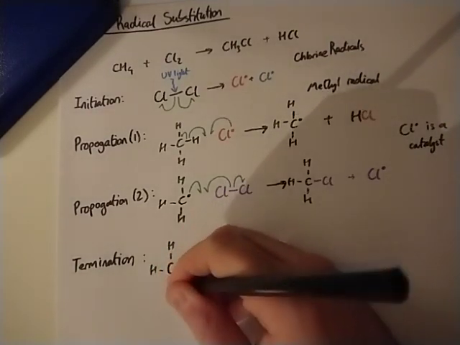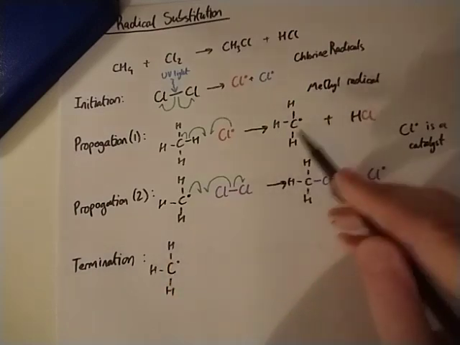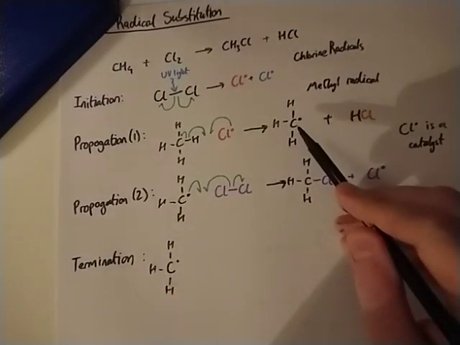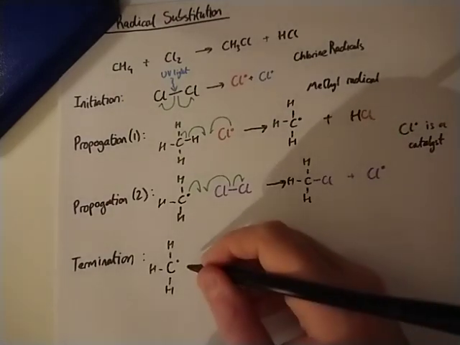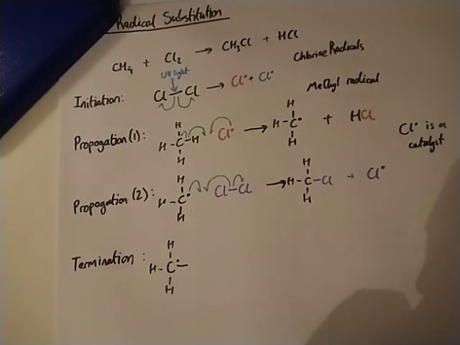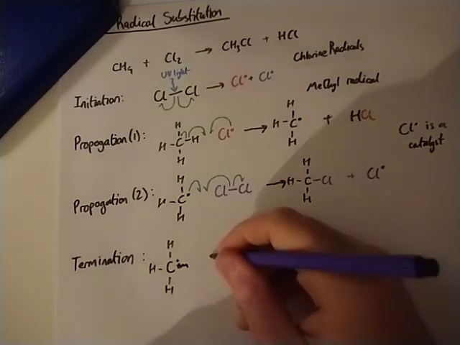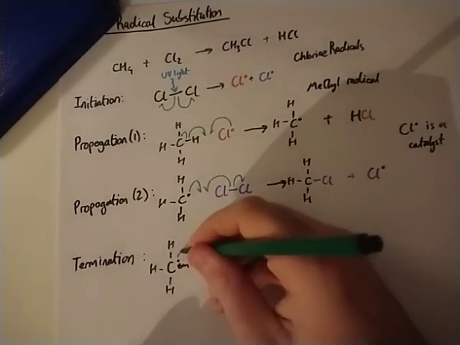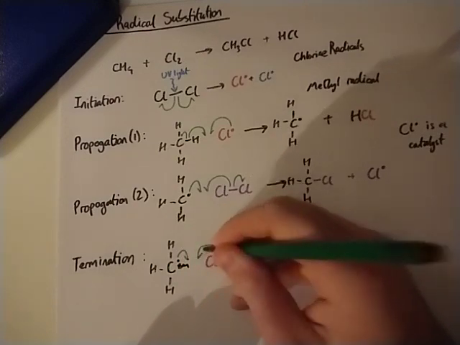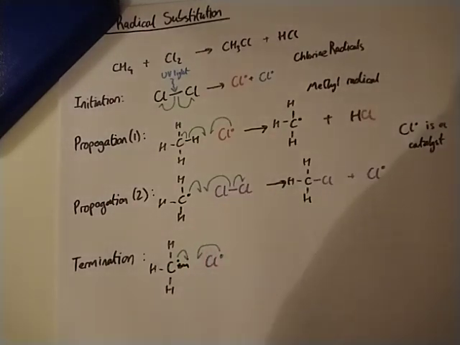So if we get the methyl radical that's produced in step 1 and react it with the chlorine radical from step 2, the two electrons in the radical are going to come together to form a covalent bond.